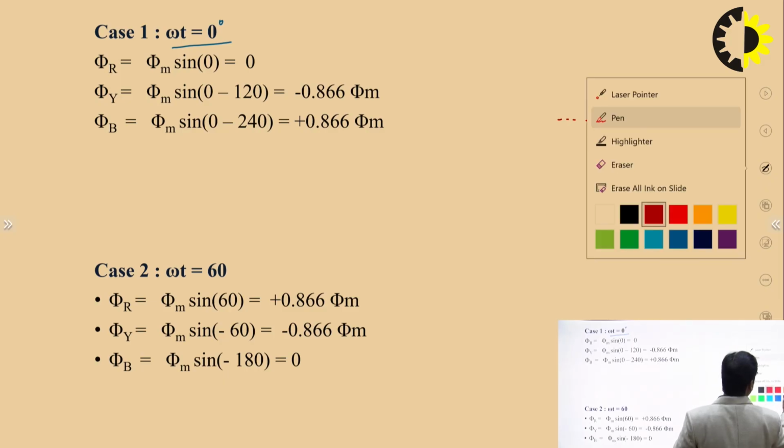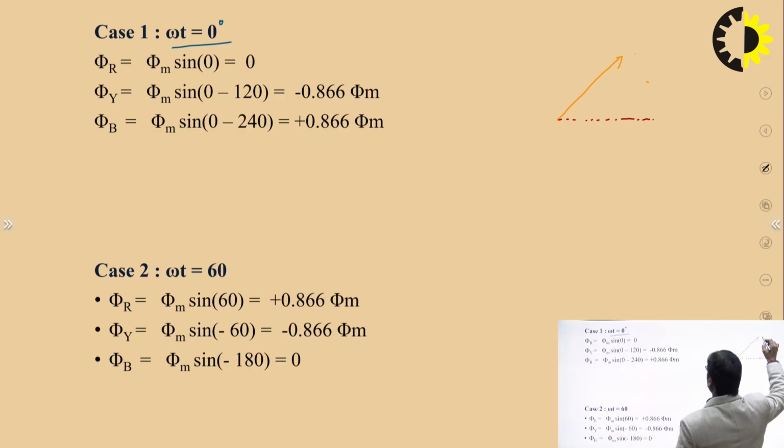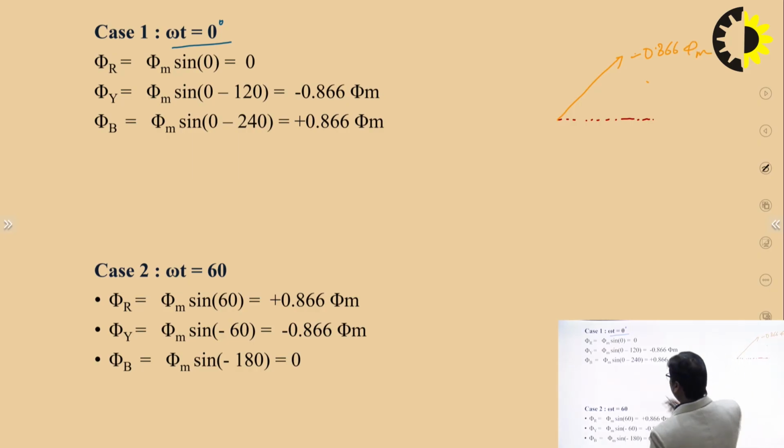Then phi Y, the Y phase, is negative of that, so it is like this, minus 0.866 phi m. And phi B, the flux in the B phase, is plus 0.866 phi m.